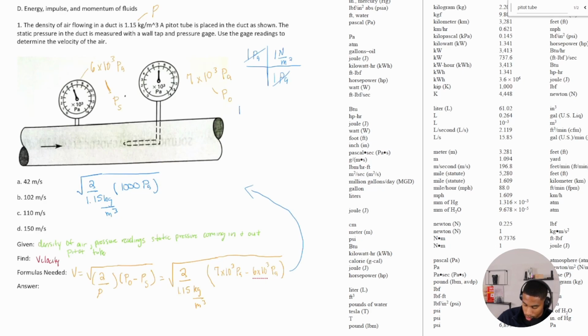Can we get that in kilograms or something so that units can start canceling? So 1 Newton is equal to 1 kilogram times meters over second squared.